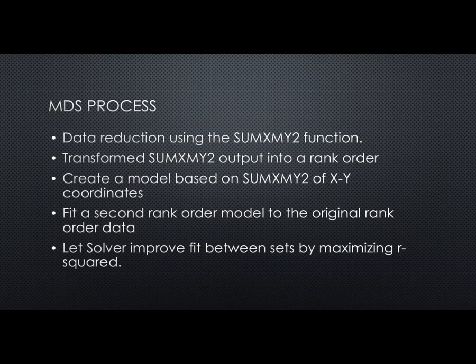So if you remember, a sum of errors squared, really it's just the sum of squared differences. The sum of squared differences gives you a measure of how similar things are. So the smaller the sum of differences squared is, the more likely those two are similar, right? So then we can rank order each one of those measures from lowest to highest. And that's what we're going to do with our original data.